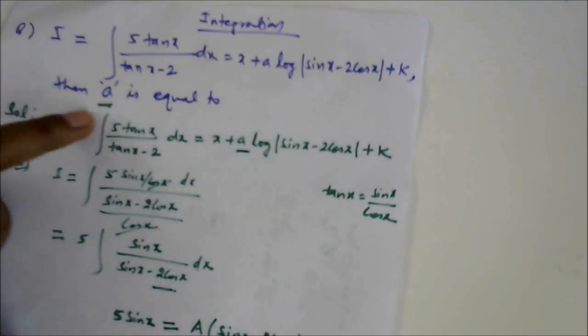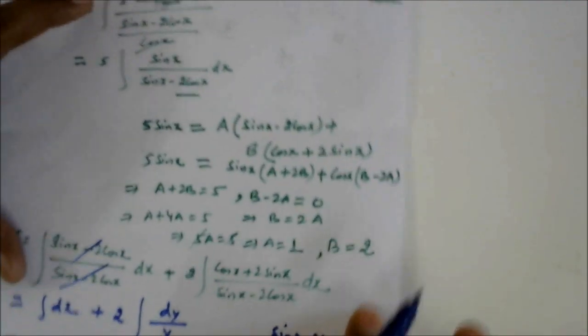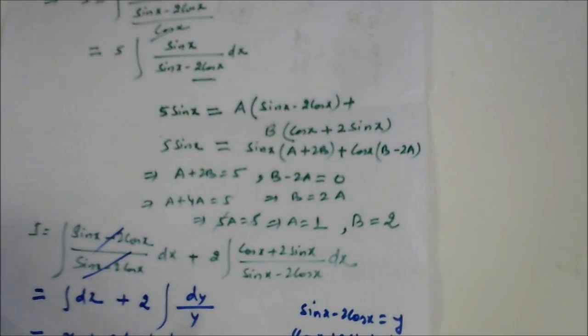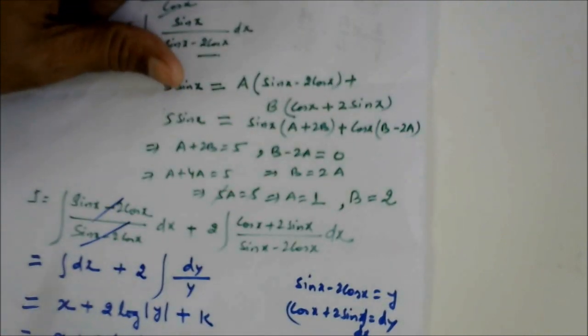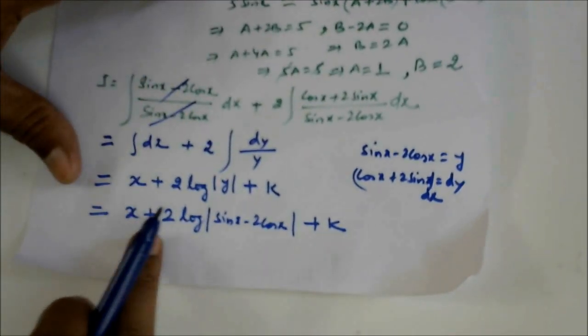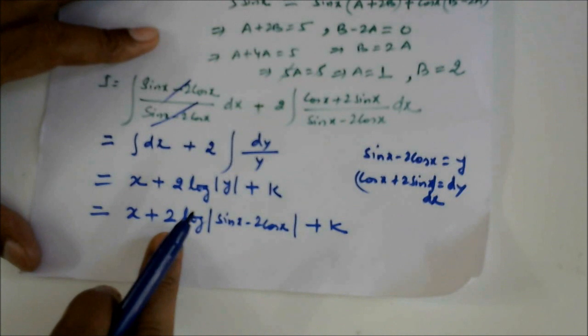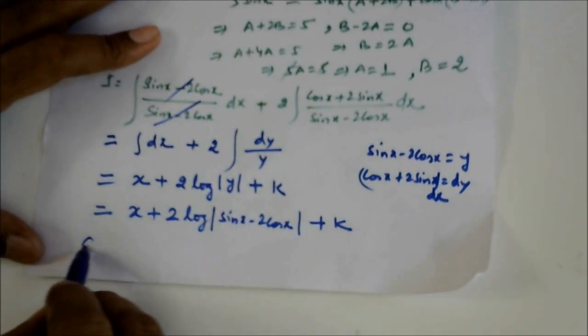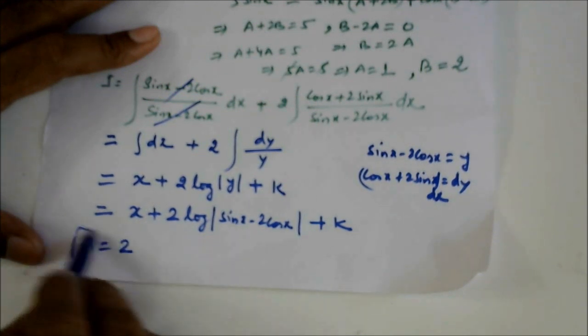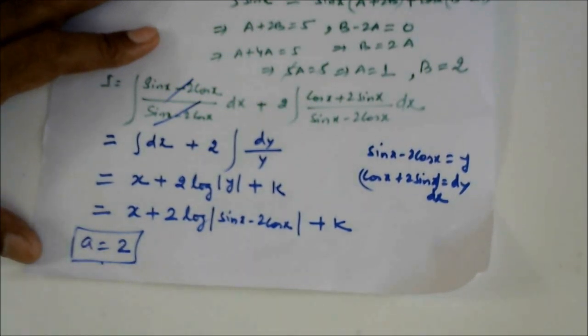So what is the value of a? That is the question. When we compare both of them together, we find that the value of a is 2 here. Okay, value of a is 2 here. Correct? So a is equal to 2. Okay, right.